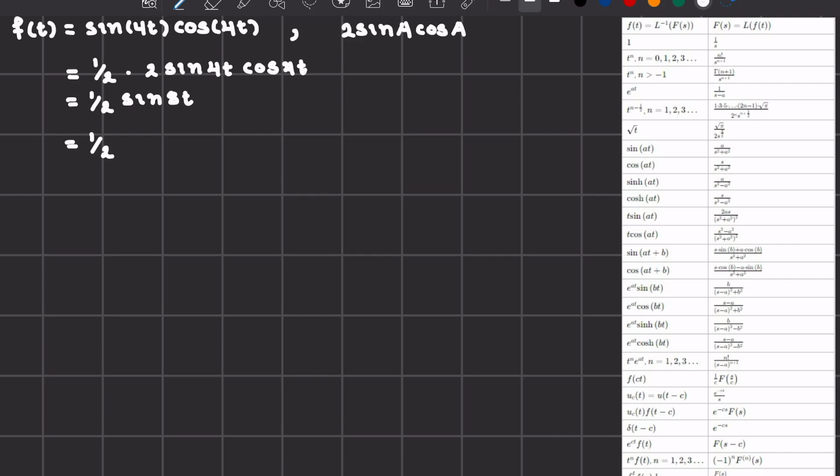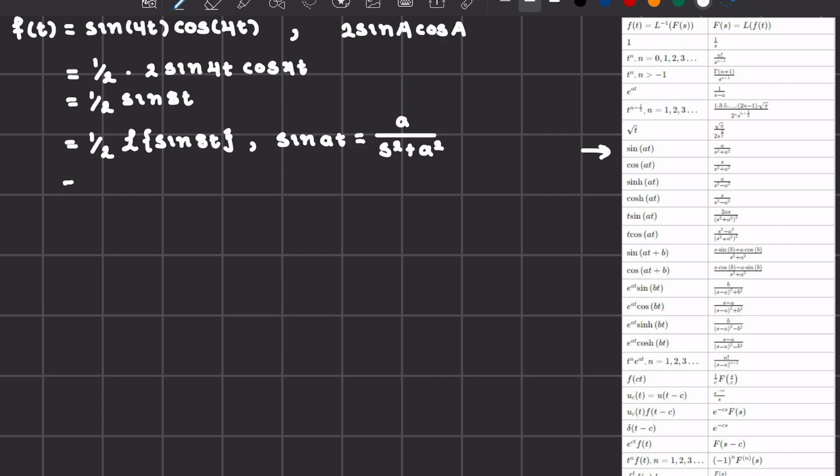For sine of 8t, we need to take the Laplace of it. So Laplace of sine of 8t. By the table, we can see sine of a t is just a over s squared plus a squared.